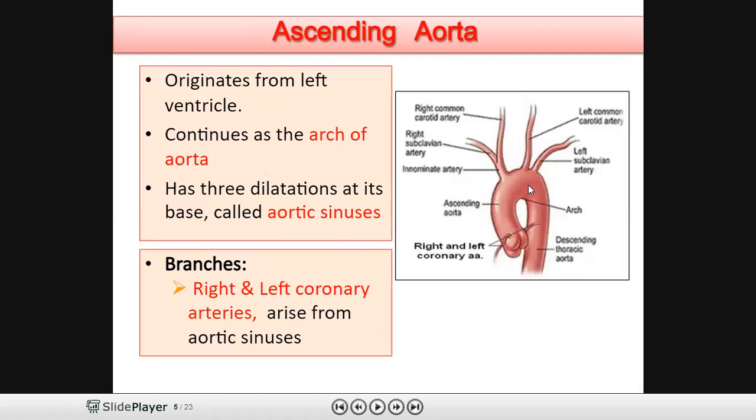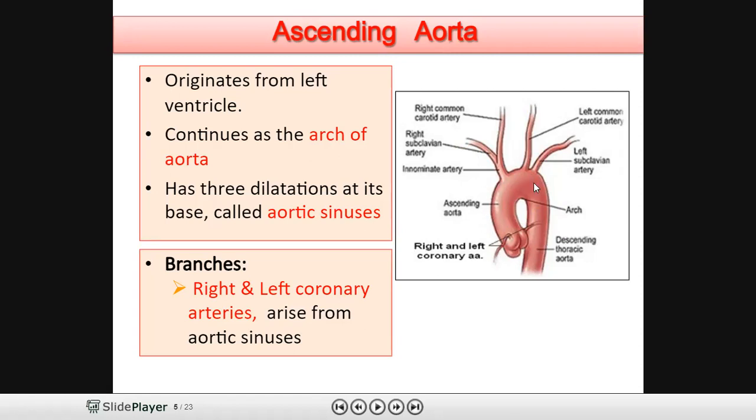So that is four parts of the aorta. The ascending aorta begins from the left ventricle, and then it continues as the arch of the aorta. Before continuing, it gives two branches, right and left coronary artery.